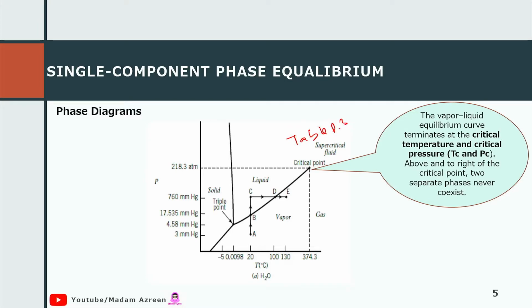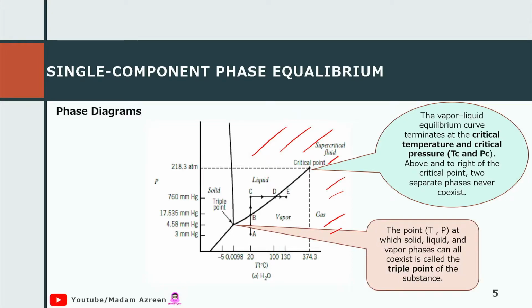Check back in B3. Beyond this line, the water vapor and the liquid water coexist.